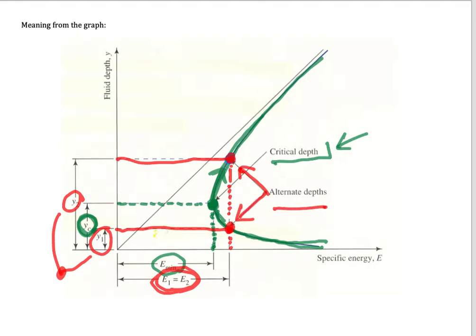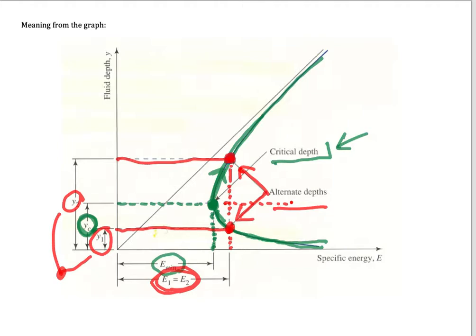For the alternate depth, you need to know that if you get one point here and that point is not a critical depth, then there must be another point that gives you the same amount of energy. Normally in my questions, I will ask you to find that other point. The reason is we need to predict the hydraulic jump based on the location of the critical depth.